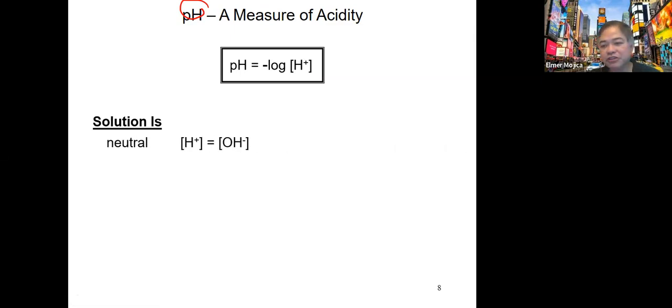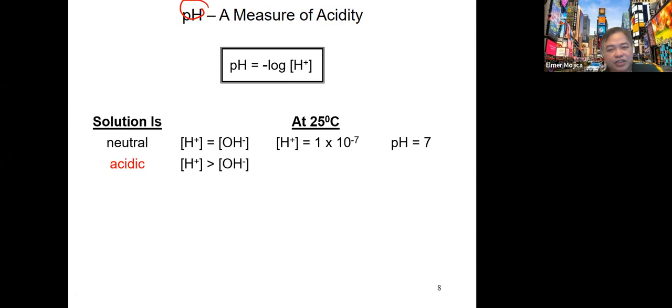So when a solution is neutral, there's equal concentration of H plus and OH minus. And the concentration is usually around 1 times 10 to the negative 7. If you get the negative log of 1 times 10 to the negative 7, that is a pH equal to 7.